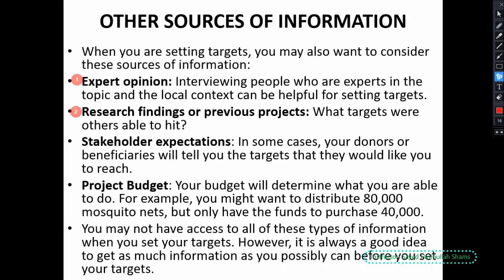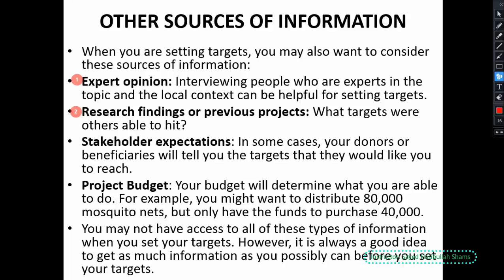So they will explain that you will achieve this target, for example, because the people have more interest in this activity, or they will tell you that you cannot achieve this target in this certain time, because you will not find, for example, participants, or you will not find a good trainer.